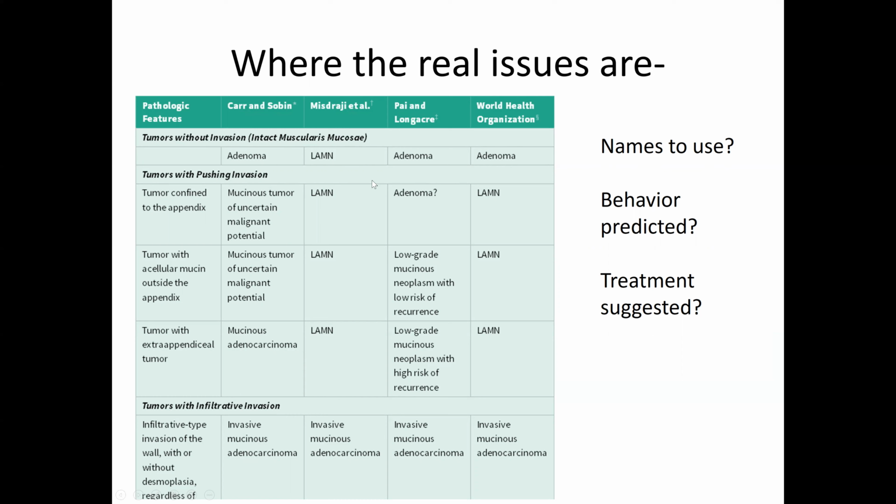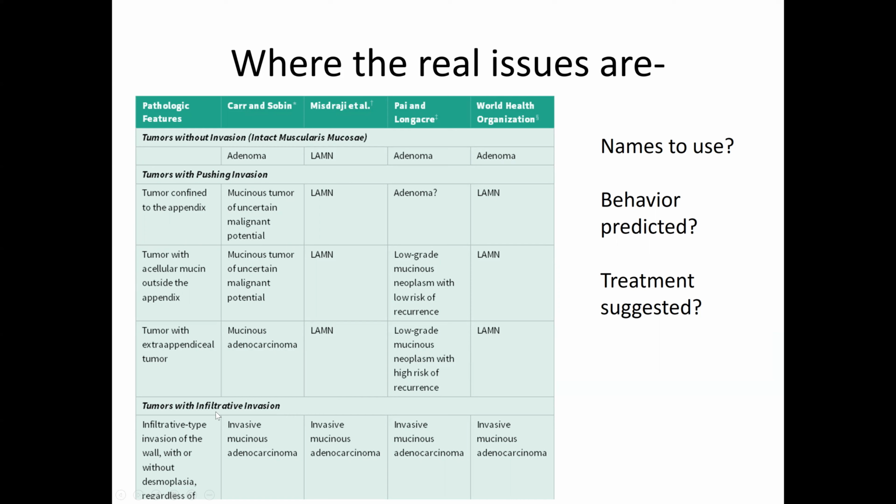But along with that, one would think we need to provide some additional information about whether it's confined, whether there's mucin outside the appendix, whether there's tumor cells outside the appendix, because in some schemes, those can still fall into the same rubric, but have somewhat different prognoses.